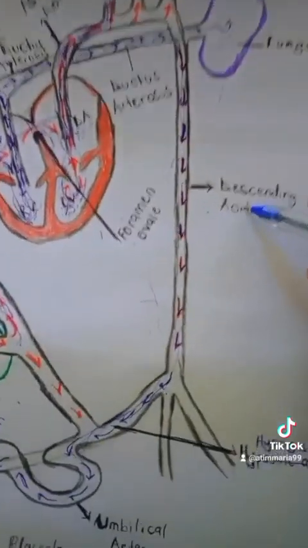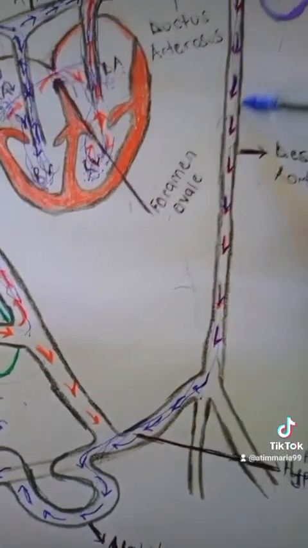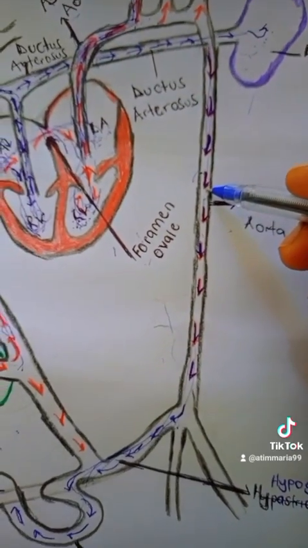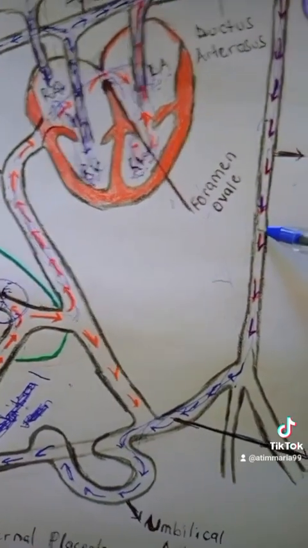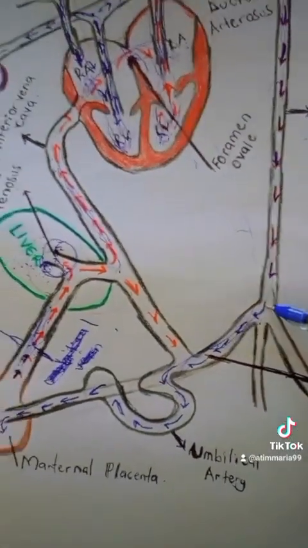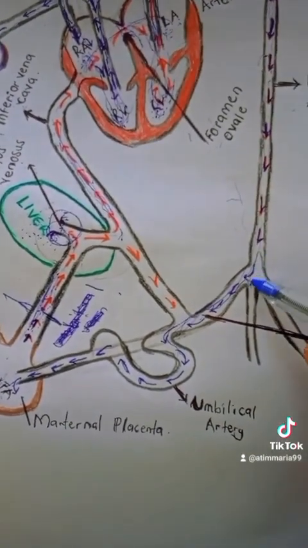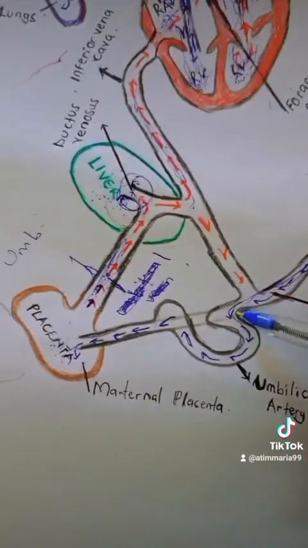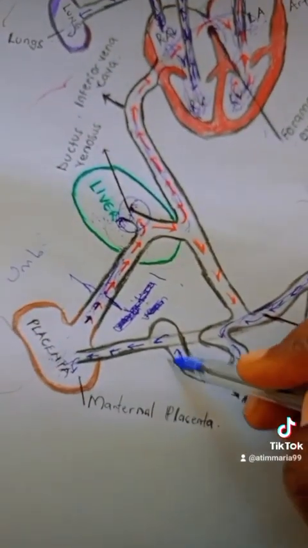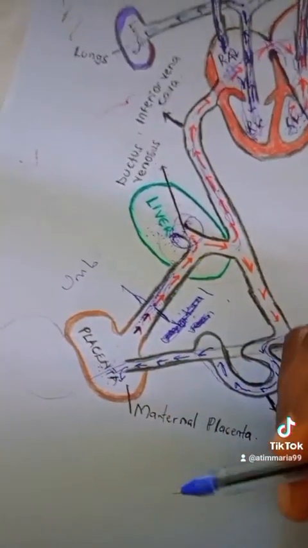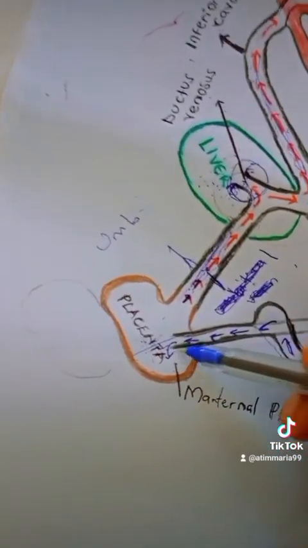This descending aorta is bringing back the used blood, the deoxygenated blood and waste products from the fetus, back to the placenta. From the descending aorta it goes to the umbilical artery and back to the placenta to get oxygenated, and the process starts again.